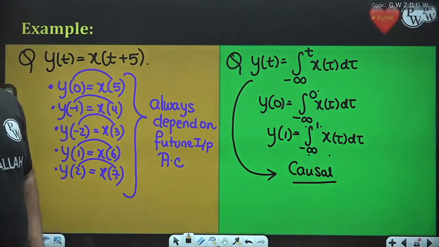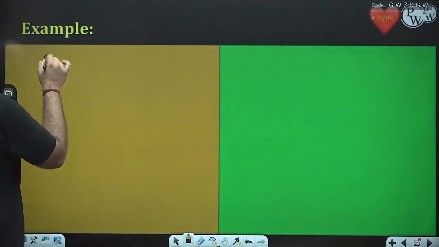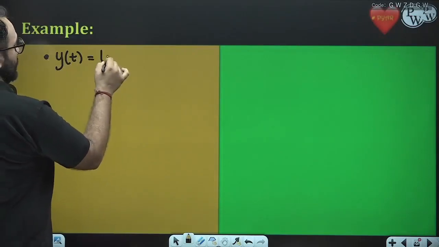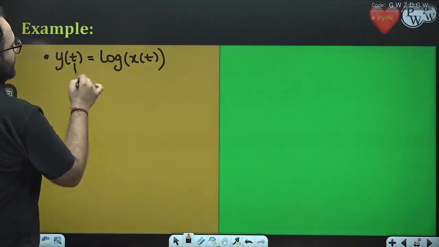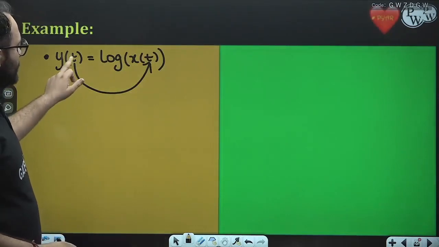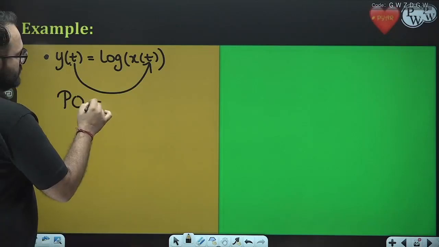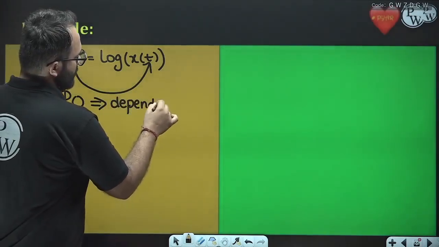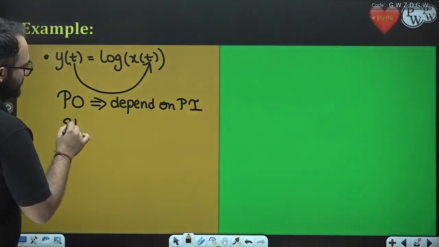Great. Let's see one more example. y(t) equals log of x(t). Here the present output will depend only on the present input because the variables are the same. So it is a static system.